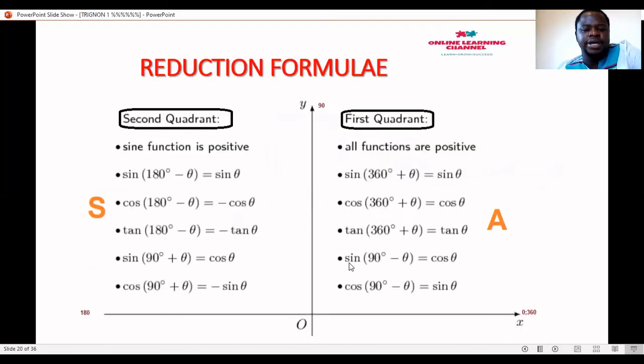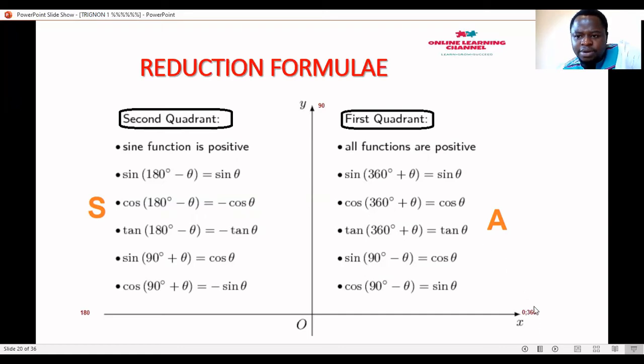So now let's look here. In the first quadrant, we're saying that all functions are positive. That's why here you've got A, meaning all, right? So here you've got 0, here you've got 90 degrees, here you've got 180 degrees, and here is also 360.